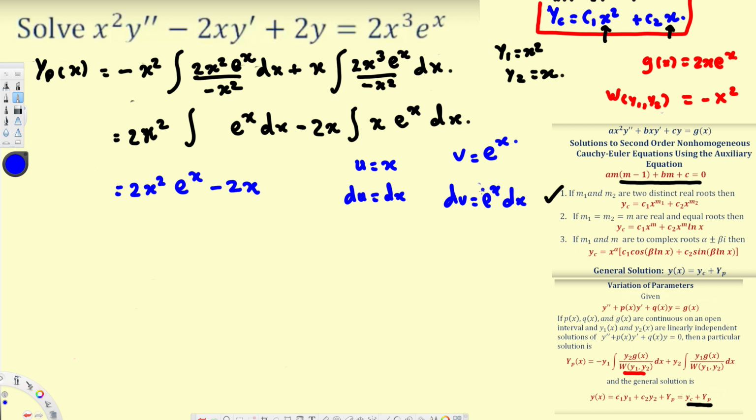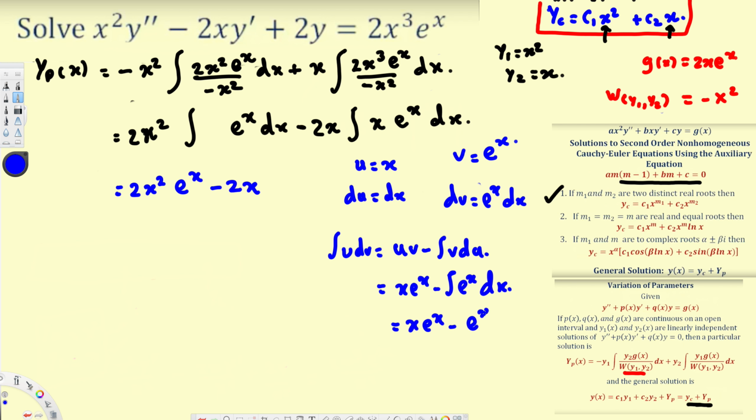Now we know that the integration by parts equation is integration u dv is equal to uv minus integration v du, and u times v is going to be x e power x minus integration of v, which is e power x, du is equal to dx, and here if we integrate this one, that's going to be just e power x, so x e power x minus e power x, and that's it.